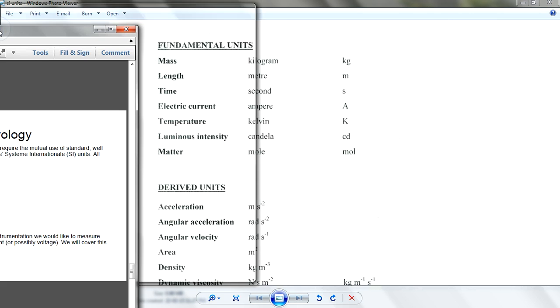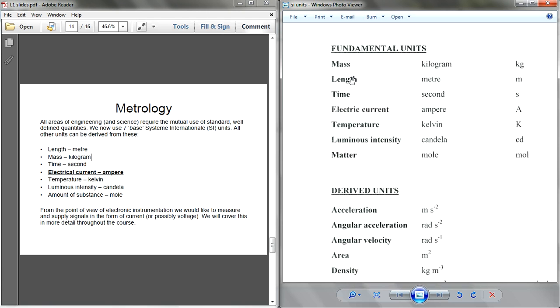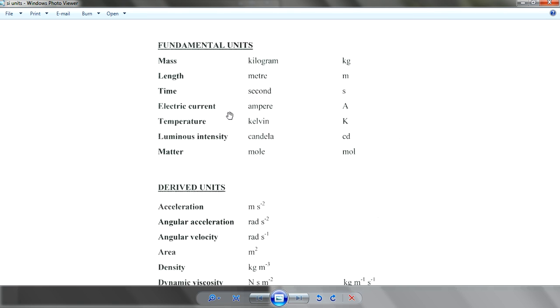I believe in the test they may ask you what the fundamental unit of electronics is. You can say ampere, but not voltage. For electric current, ampere is the fundamental unit, meaning the primary unit.